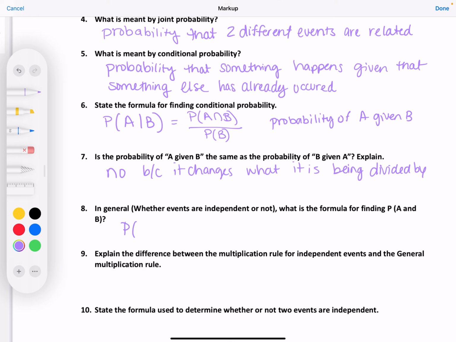So the probability of A intersect B is equal to the probability of A times the probability of B given A. And obviously we could switch that and do the probability of B times the probability of A given B. If you're curious where that comes from, the probability of A times the formula for probability of B given A, which is probability of A intersect B over the probability of A, those cancel and leave you with the intersection of the two.